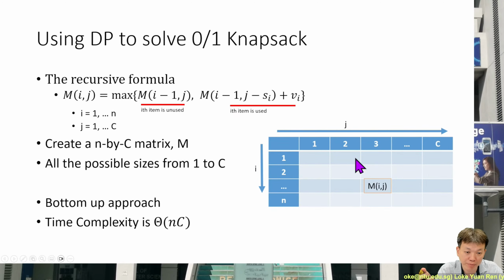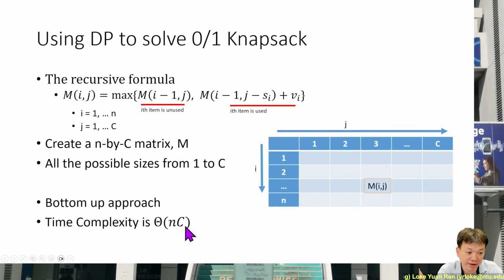But actually, by building up this table with the dynamic programming approach, you can improve with a bottom-up approach to n times c. You just fill out this table, so it's n by c. However, I have to highlight to you that, of course, compared to 2 to the power of n you improved, but it's still n times c, and c can be a very large number.